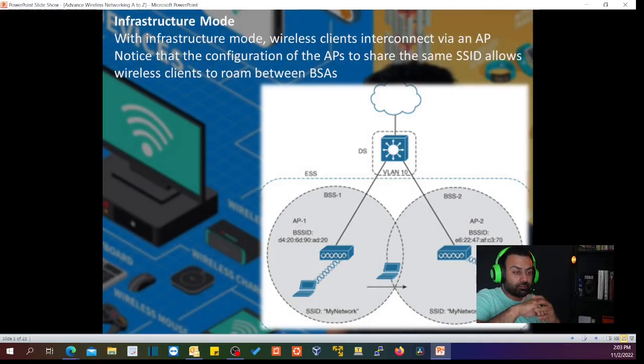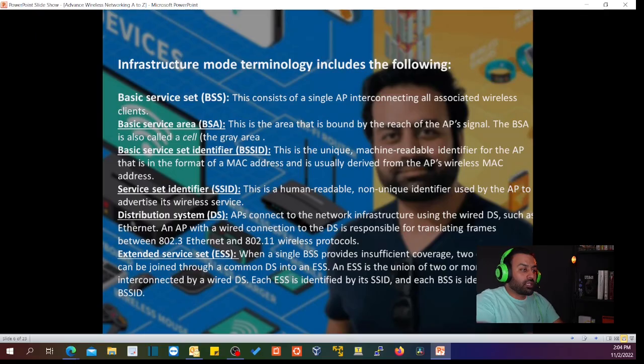That makes sense. But in terms of topology, this is called the DS, distribution system. It means from the switch, this is the switch cable, it is connected to my access point. So now this is called the distribution system. All right, that was DS.